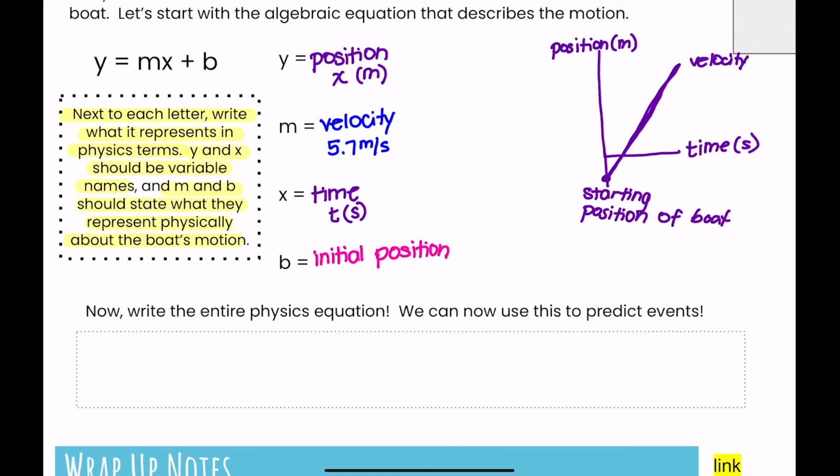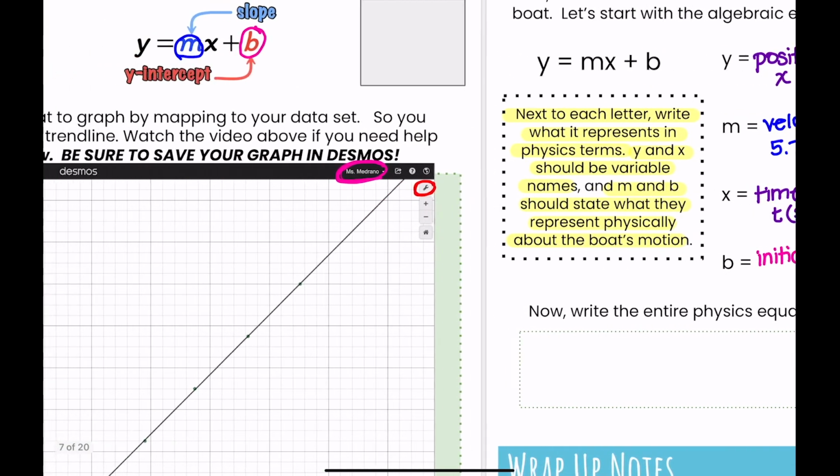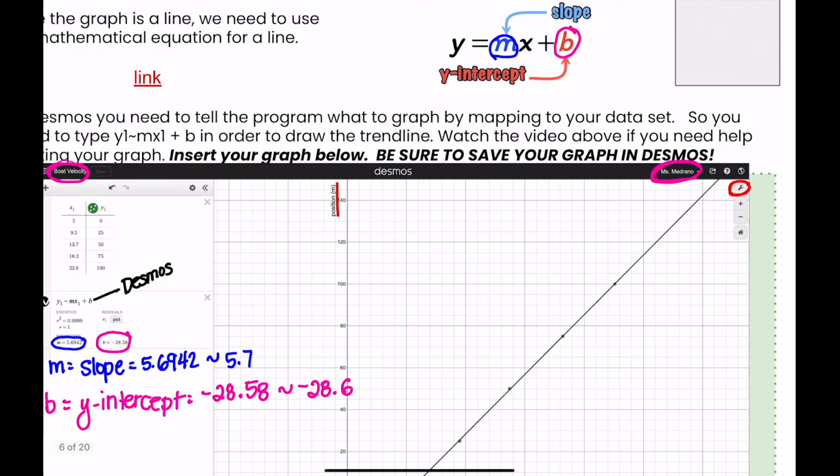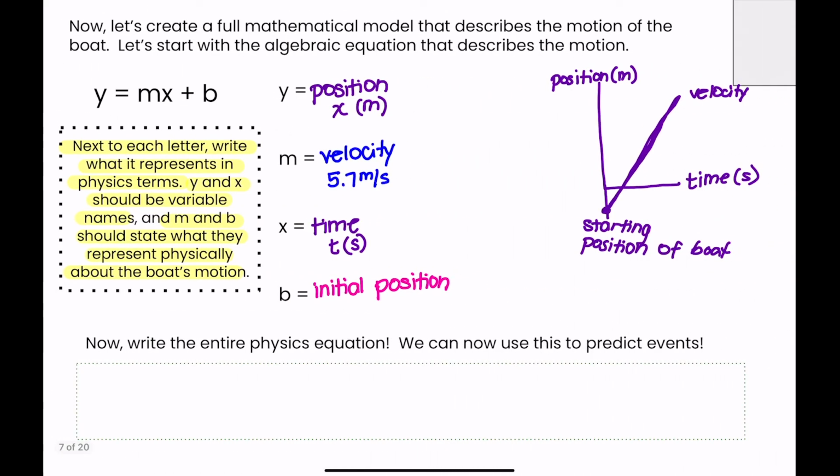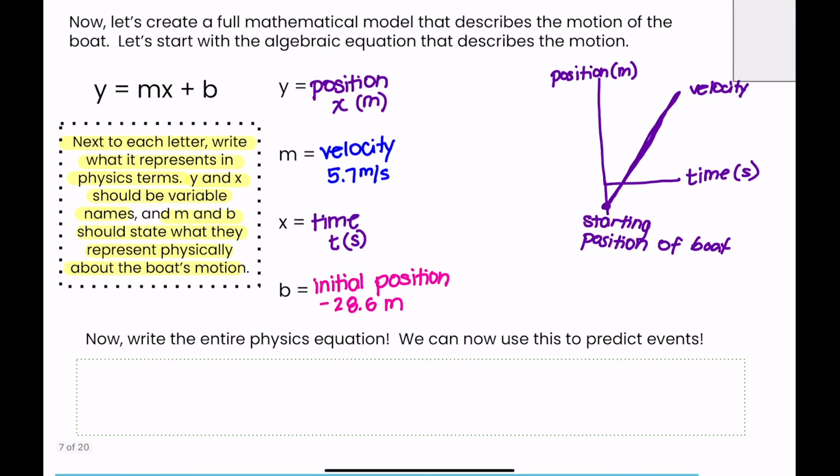And if you remember from my graph beforehand, I got that information from here. The y-intercept is at negative 28.6 meters. So now I'm going to rewrite my whole equation. Instead of y, I'm going to replace it with x for position is equal to, and I'm going to replace slope with my velocity, which is 5.7 meters per second.